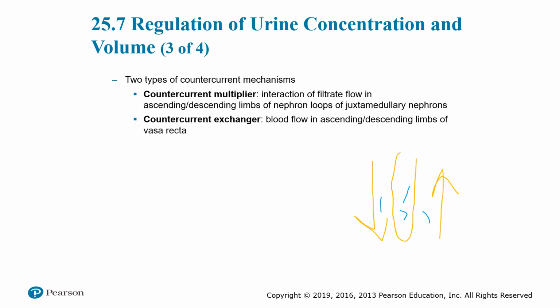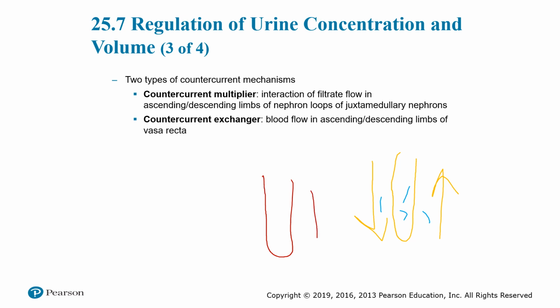What is the countercurrent exchanger? We have vasa recta. Those vasa recta are coming from the efferent arteriole. Now this is what we have to understand, that in the vasa recta, adjacent to this, in this limb, the blood is flowing down, and then it turns, and over here the blood is going back.